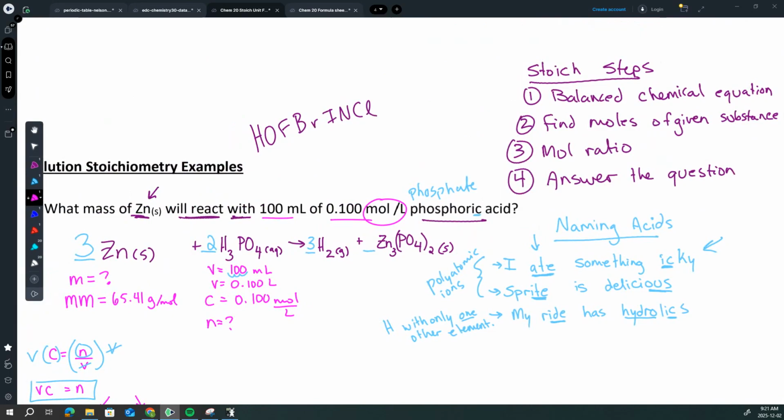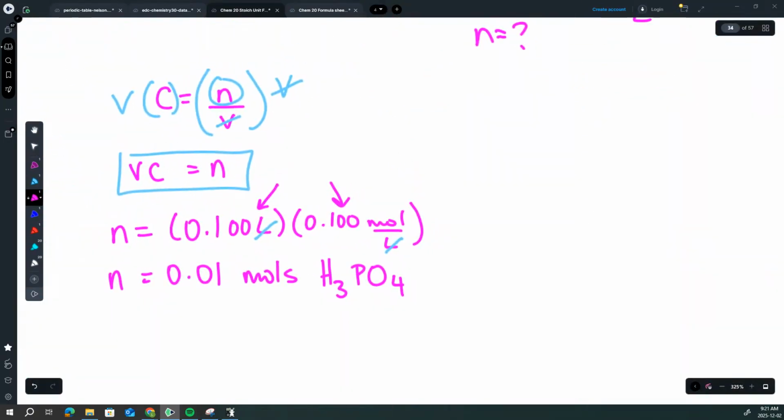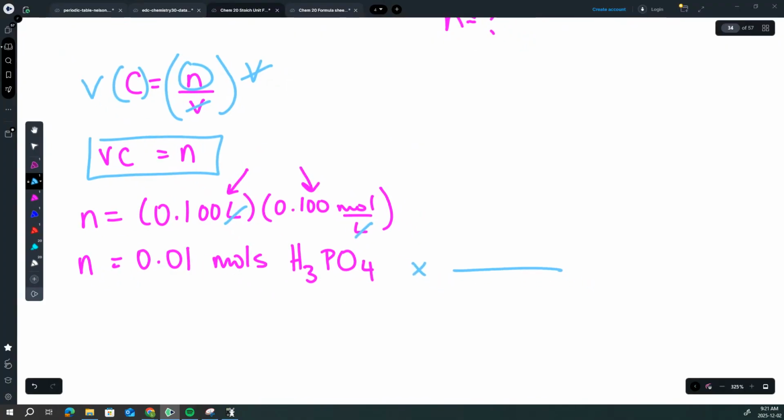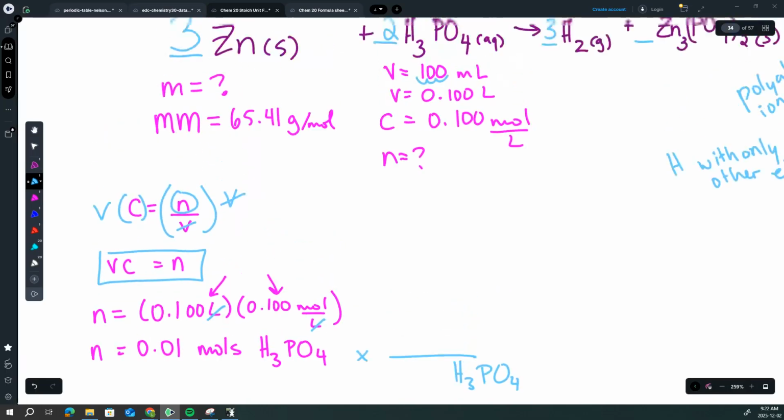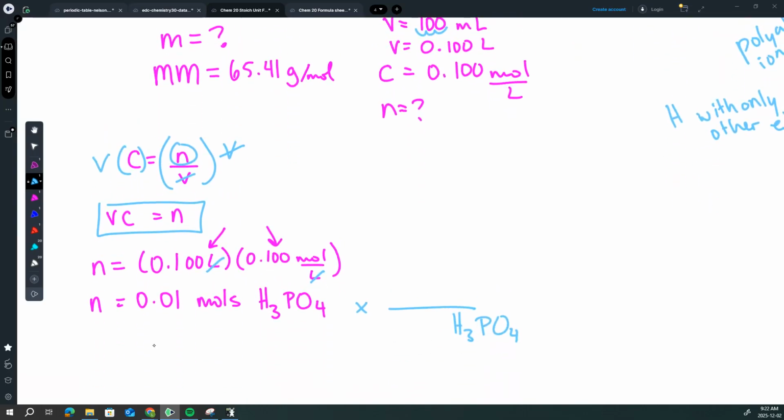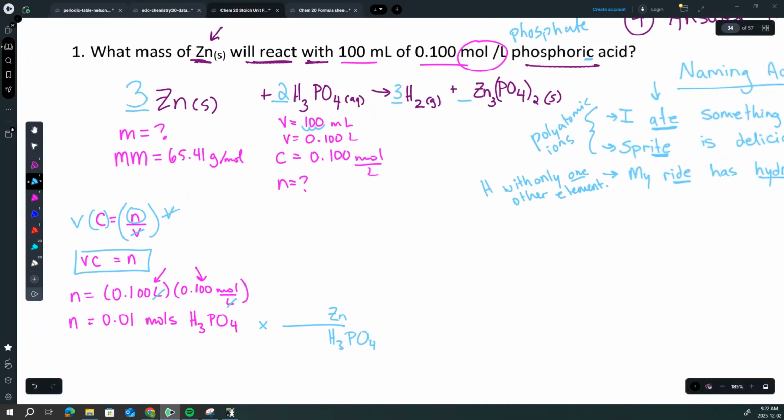Now we're on to step 3, mole ratio. So let's use a different color here. For the mole ratio, in the numerator, we want to have the substance that we want, and then in the denominator, the substance that we're given. We're given phosphoric acid, and we want zinc. The coefficient in front of zinc is 3.